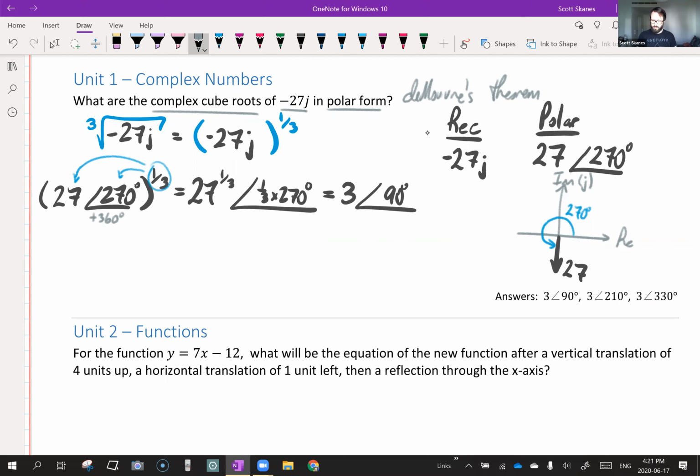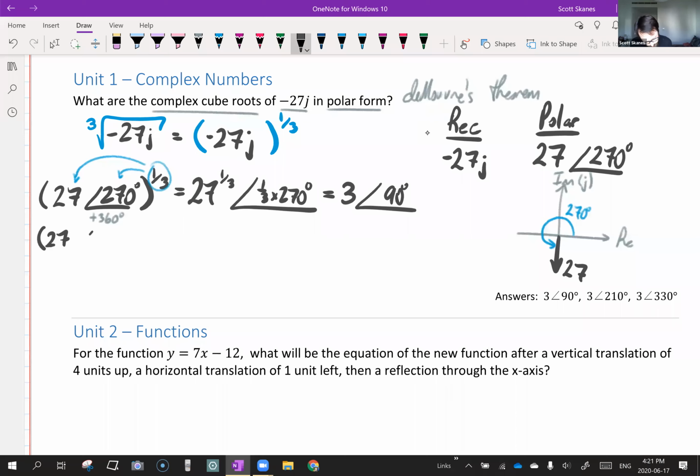So the key is if it asks you for cube roots, it means that it's getting a third root. If it's the number 3, you're going to get 3 answers. If it was square roots, you'd get 2 answers. If it was 4th roots, you would get 4 answers. I'm just going to give you 3.